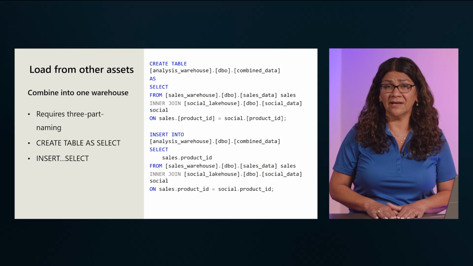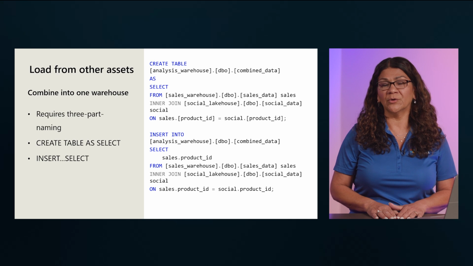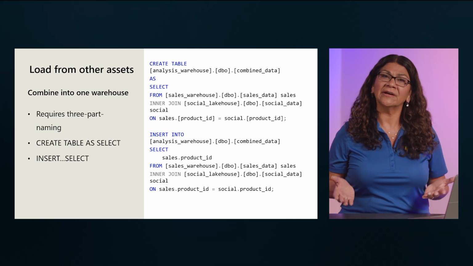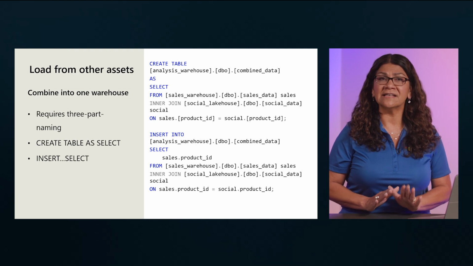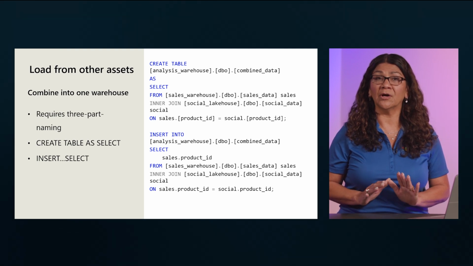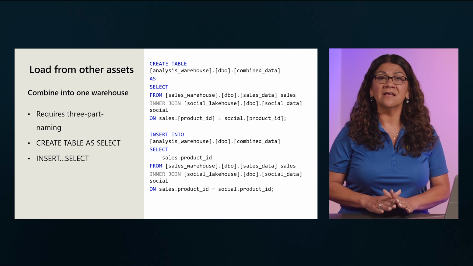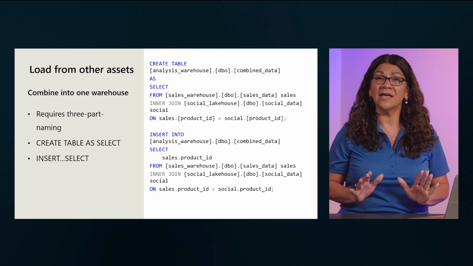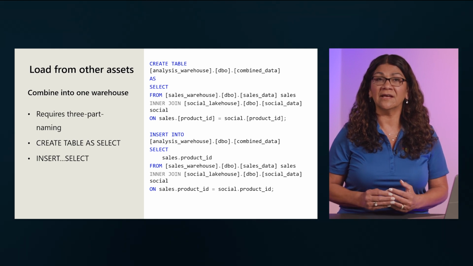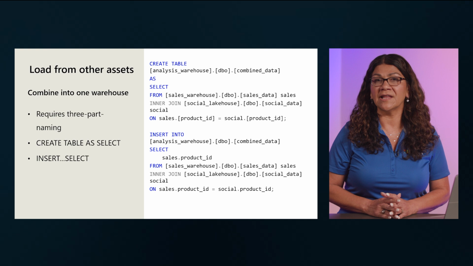You can load data from various items in a workspace, such as other warehouses and lakehouses. In a scenario where an analyst needs data from both a warehouse and lakehouse, they can use this feature to combine the data. They can then load this combined data into a warehouse for analysis.